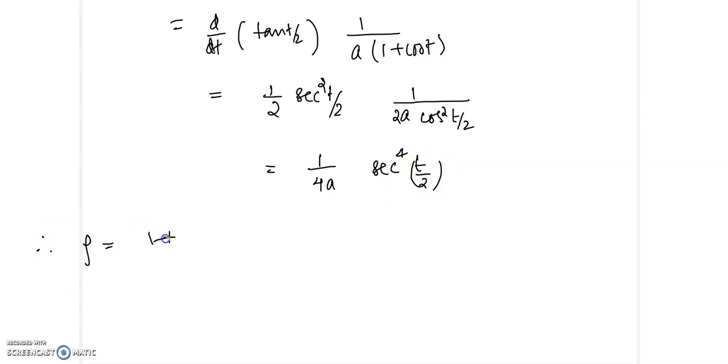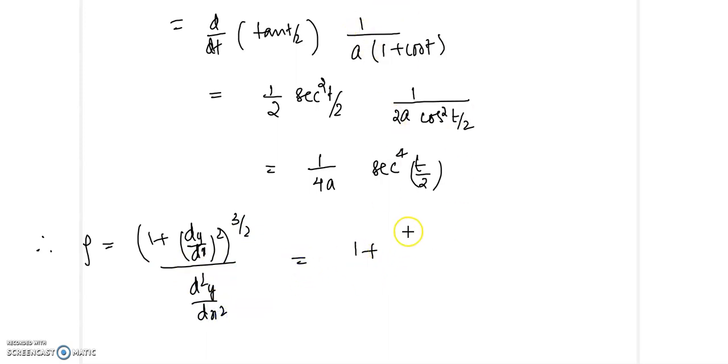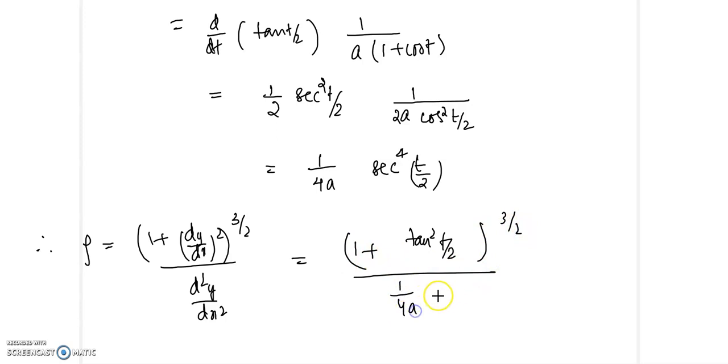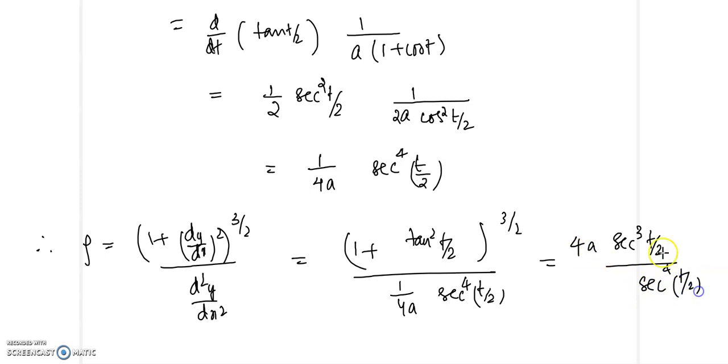So therefore rho will be 1 plus dy by dx whole square whole power 3 by 2 by d square y by dx square. So we will get 1 plus tan square t by 2 whole power 3 by 2 by 1 by 4a sec raised to 4 t by 2 because sec cube t by 2 varum, 4a will come to the numerator, sec raised to 4 t by 2.